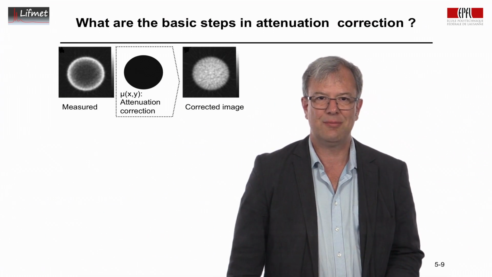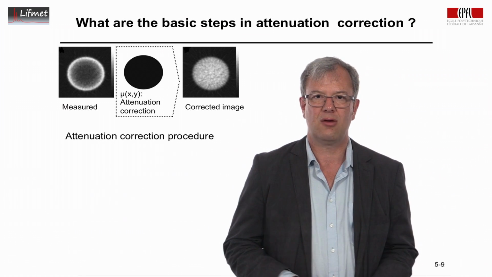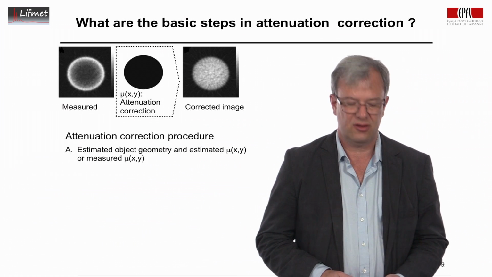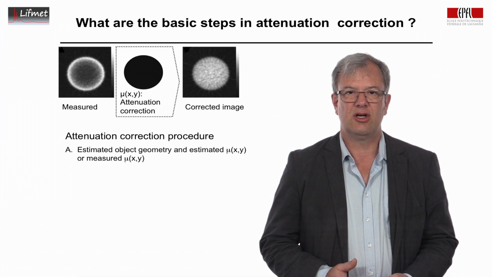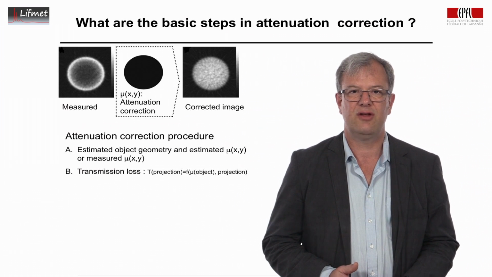That is the basic principle of how attenuation correction can, in theory, be done. So how does this procedure proceed? We'll take an estimated object geometry and an estimated linear attenuation coefficient, or even a measured linear attenuation coefficient.